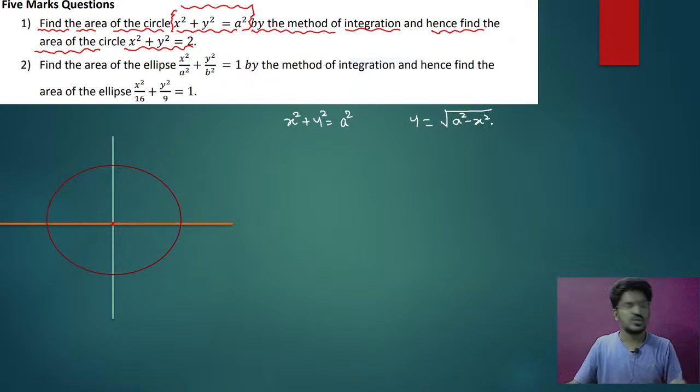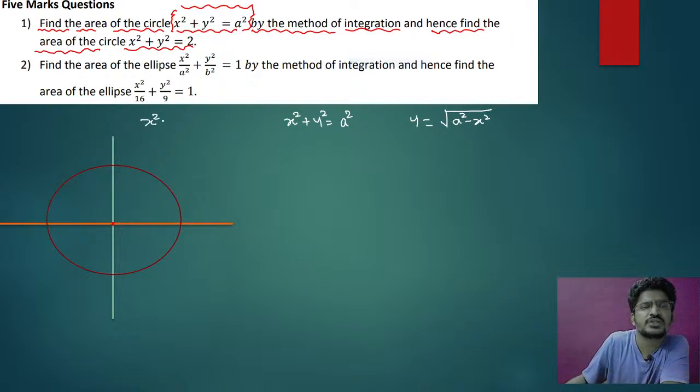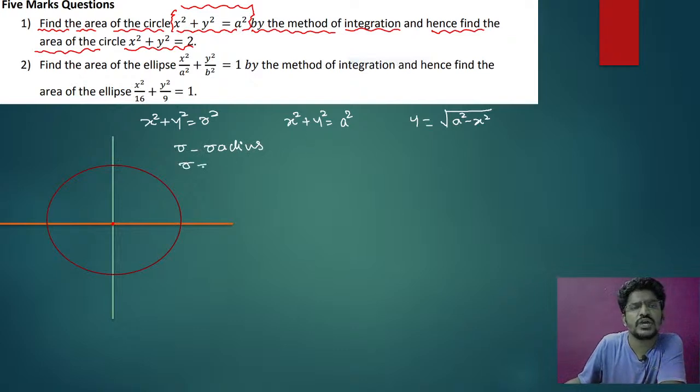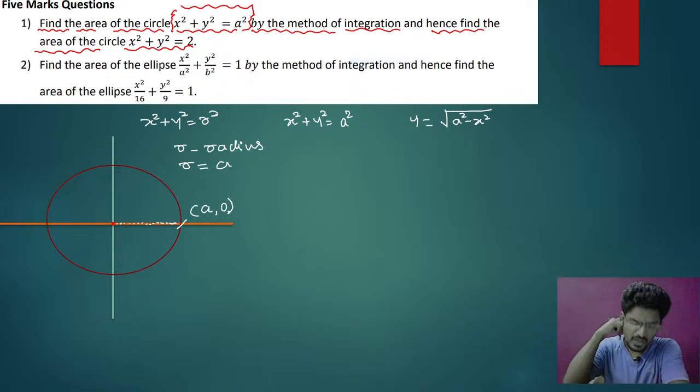Here x square plus y square equal to a square is in the form of x square plus y square equal to r square, where r is the radius. So r is equal to a, that means the radius is a, and this point is (a, 0).